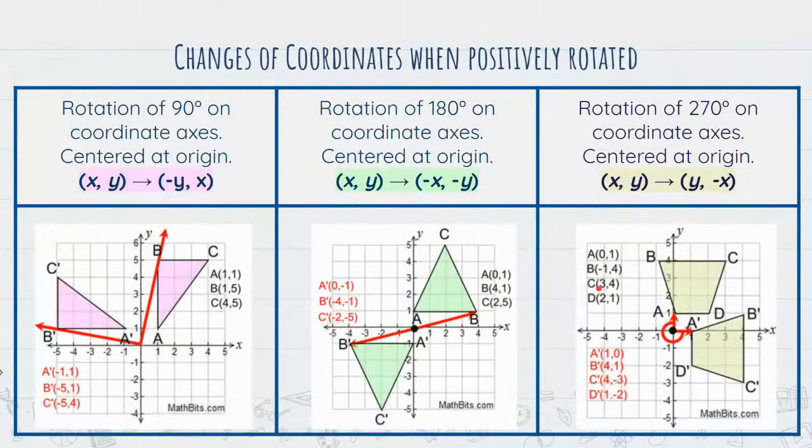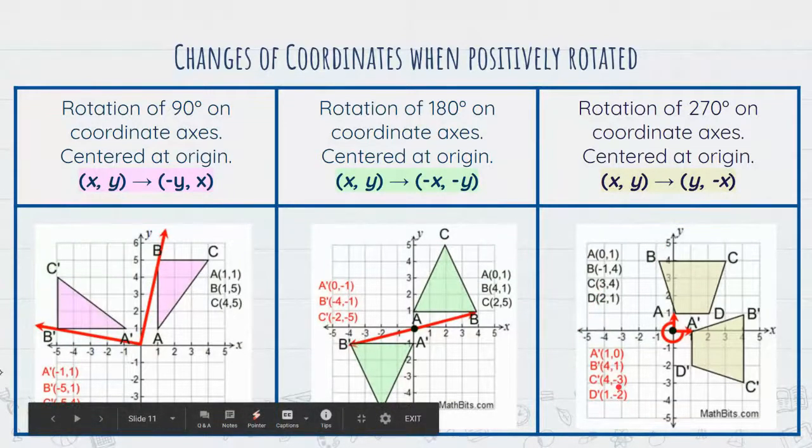So our original coordinates of point C are 3, 4. It's telling me that my x coordinate from our pre-image moves to the y coordinate, and we use its opposite. So C is 3, so I should expect negative 3. And there it is.